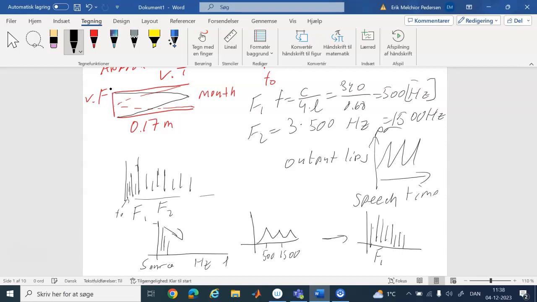F1, frequency in hertz, and pressure in dB. Yes, that's it.